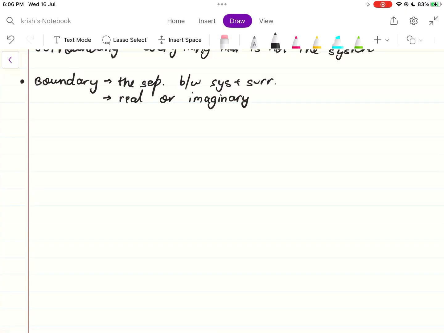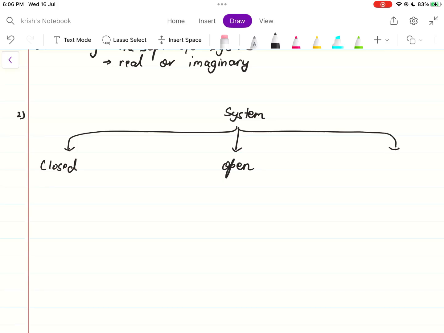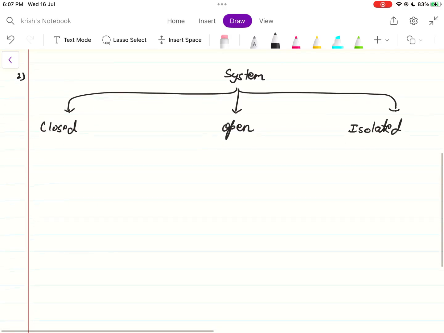Now we have several types of systems as well. These are divided into closed, open, and isolated. For a closed system, there is no mass transfer, but there is energy transfer.